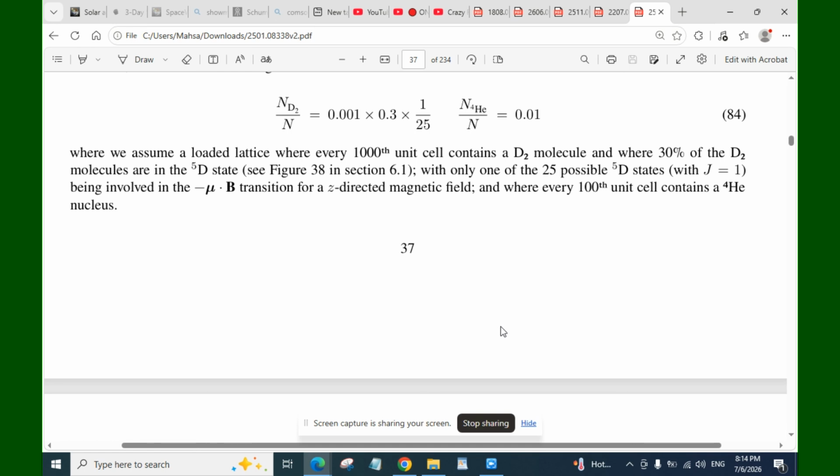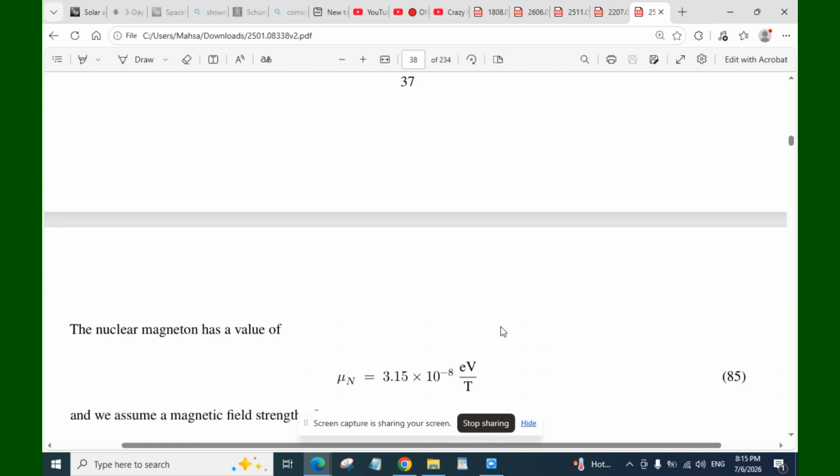See figure 38 in section 6.1, with only one of the 25 possible deuterium 5 states, which J is equal to 1, being involved in the minus micro multiplied by B transitions for a Z-directed magnetic field, and where every 100 unit cells contain a helium 4 nucleus.